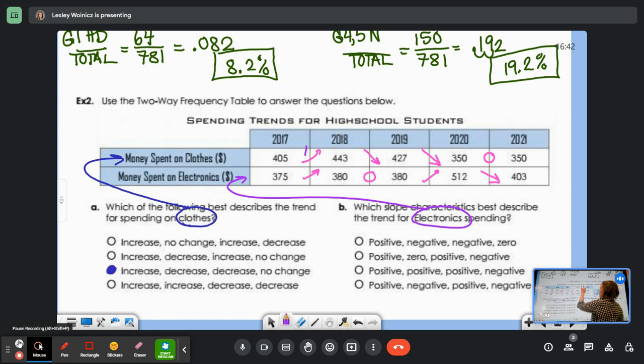So increase is positive, decrease is negative, up, up, down, okay? So for electronics, I'm looking for up, no change, up, down. So positive, no change, positive, negative. Positive, I think it's this one. Okay, that should be pretty easy.